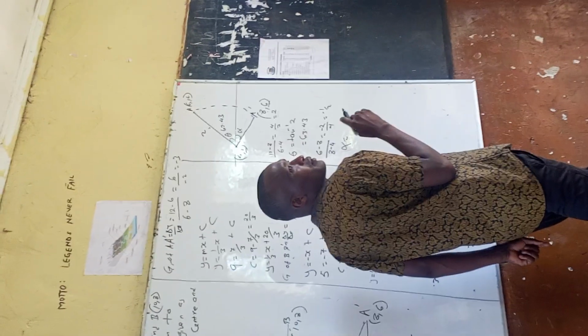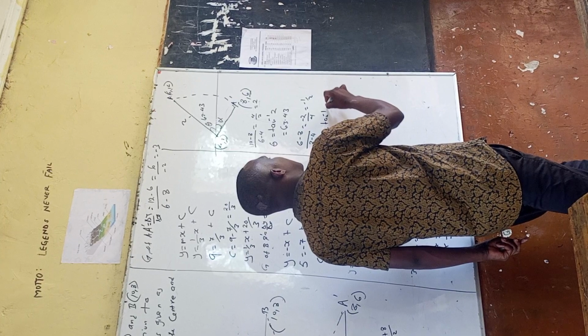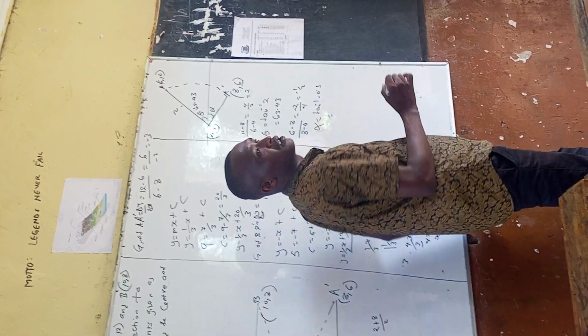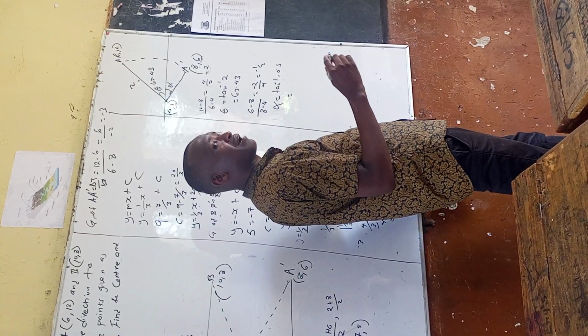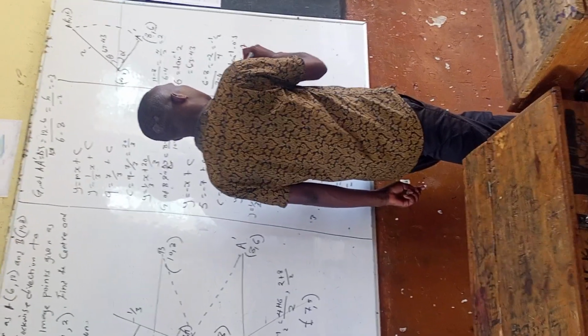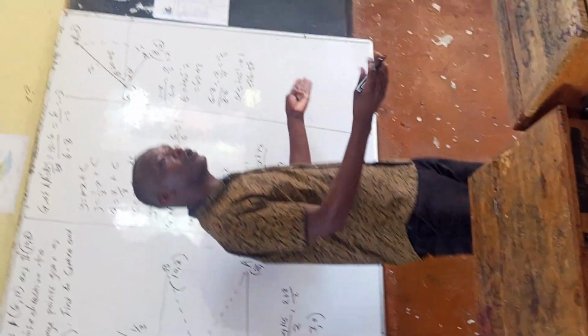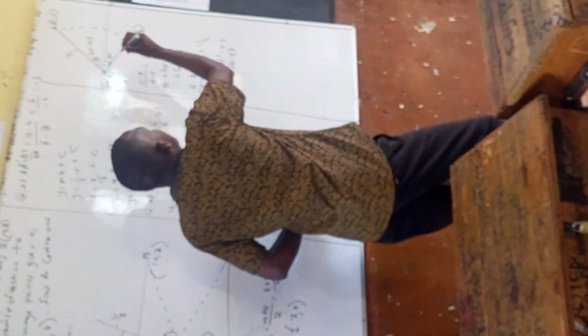So tan inverse of negative 0.5 is negative 26.57. The negative means that the angle is below the x-axis. So we just note that. So this angle is 26.57.